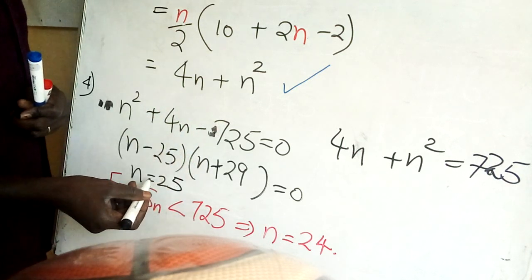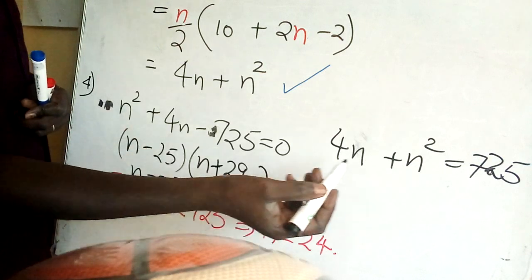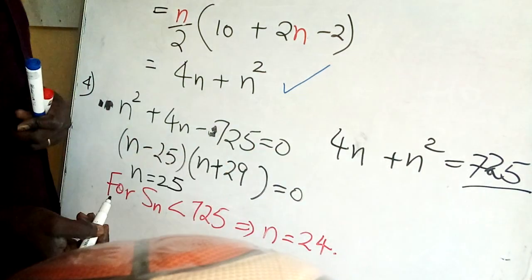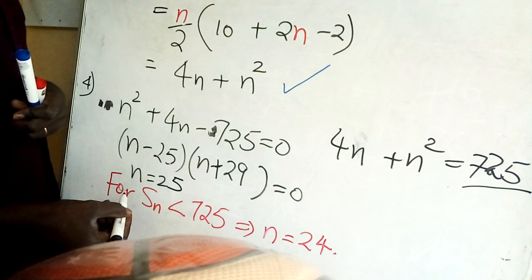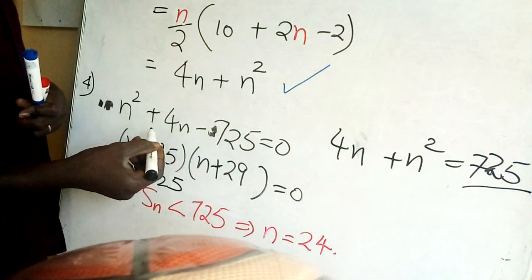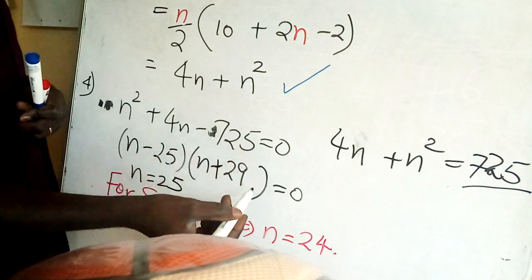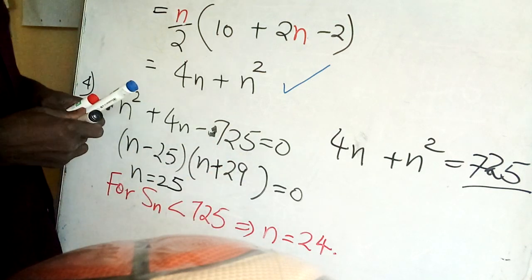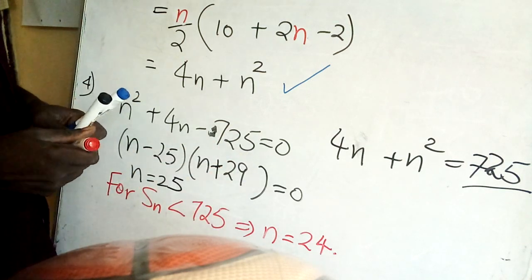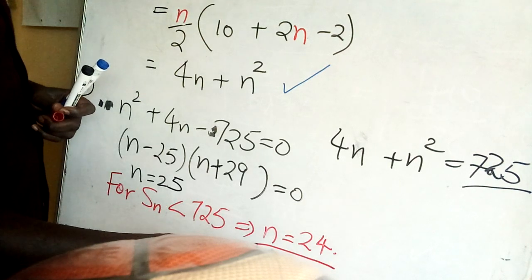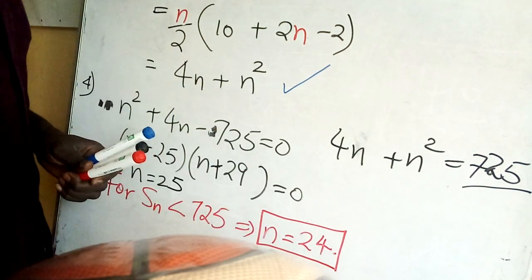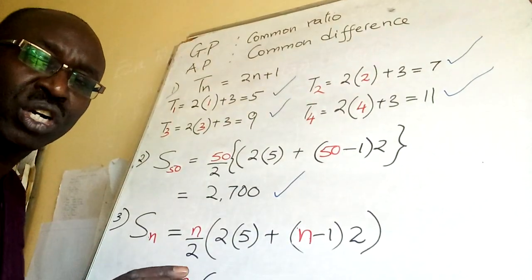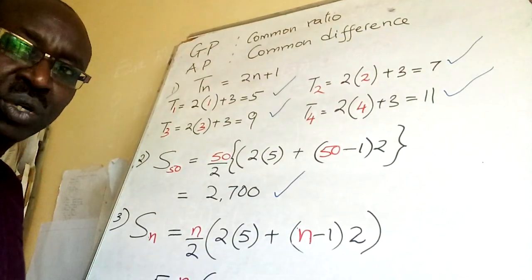But remember, when you put n equal to 25, it will give us 725. So the value of n whose sum is less than 725 will be 24. Okay, so this will be our answer. n is equal to 24. Now that should conclude this question.